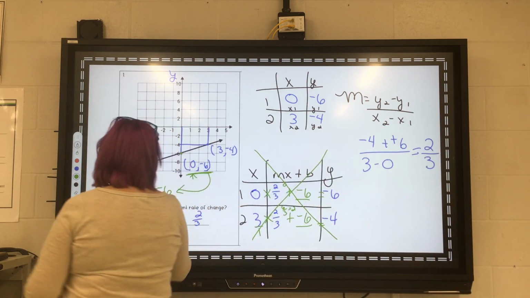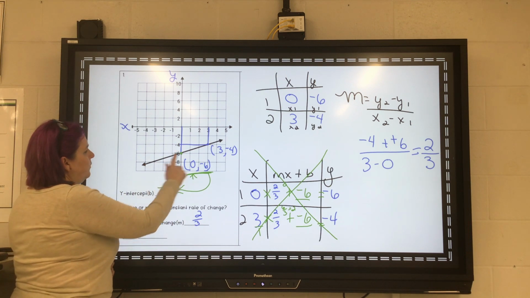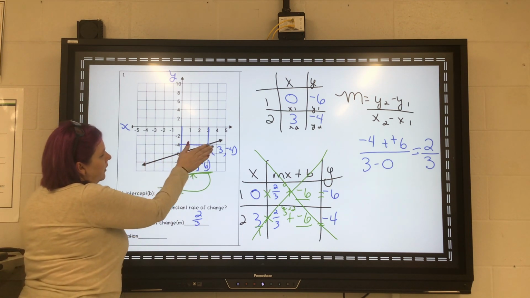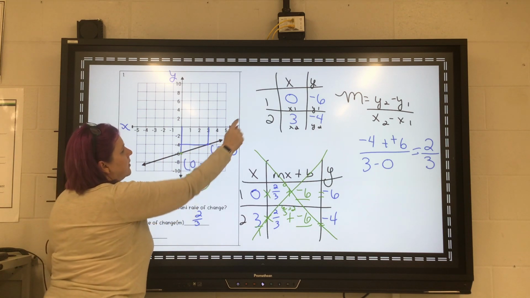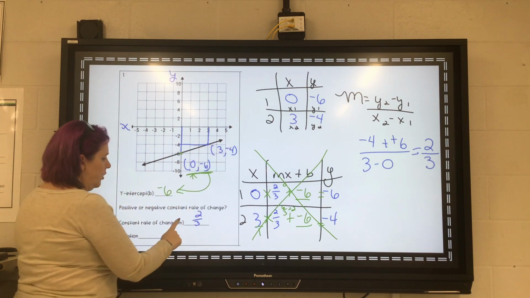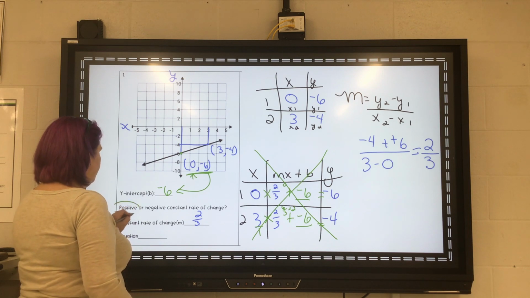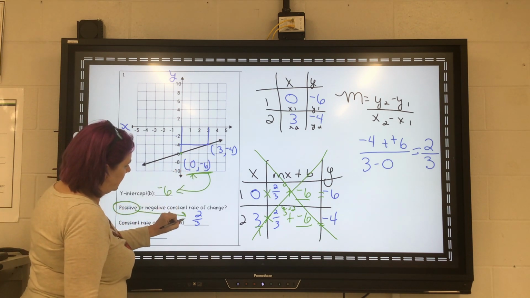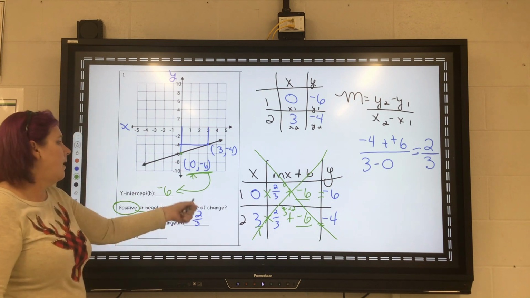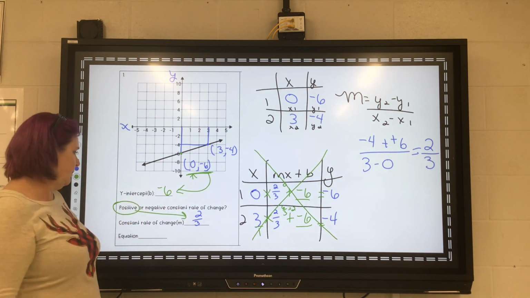Now, to decide if it's positive or negative, if I'm reading my line from left to right, notice that it's going up as I'm going that direction. So that means it's going to be positive. Also notice that this is a positive number. That also tells you that it's positive.